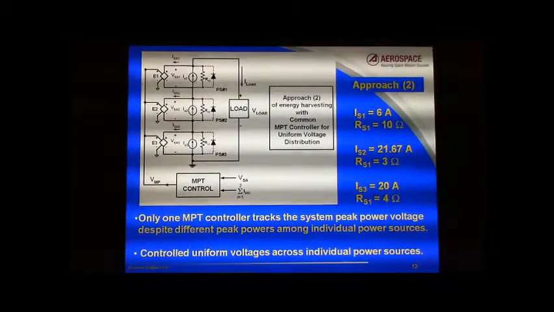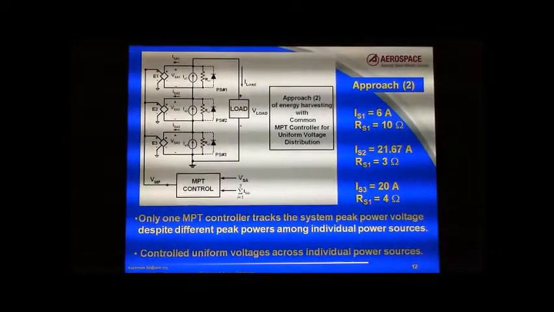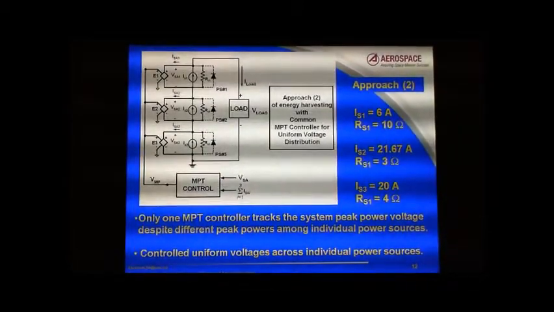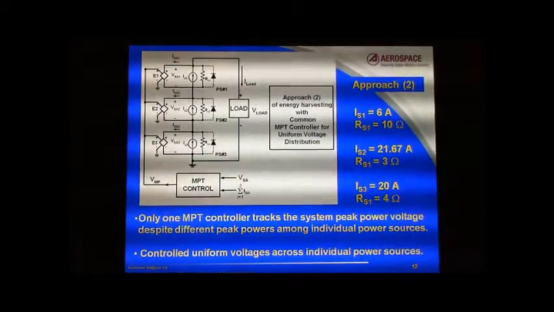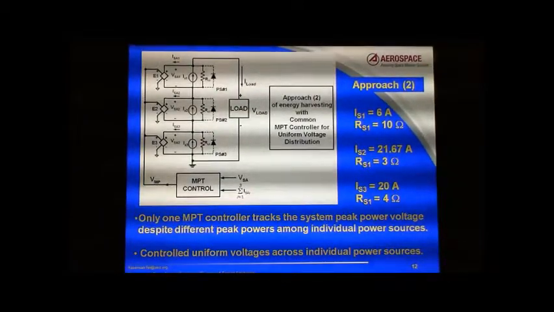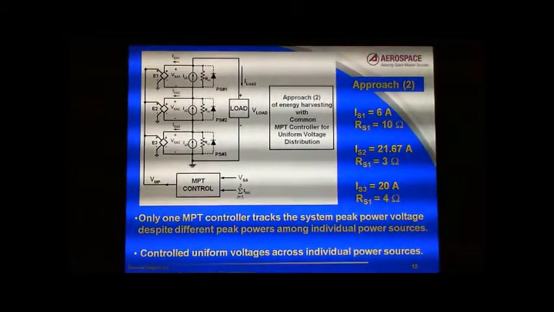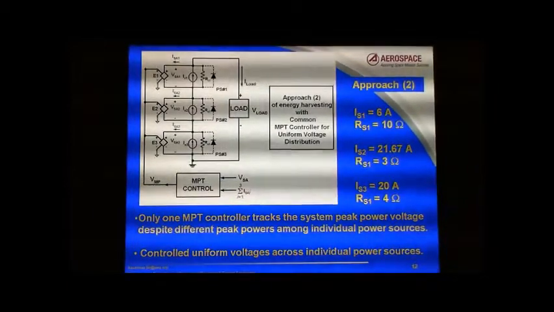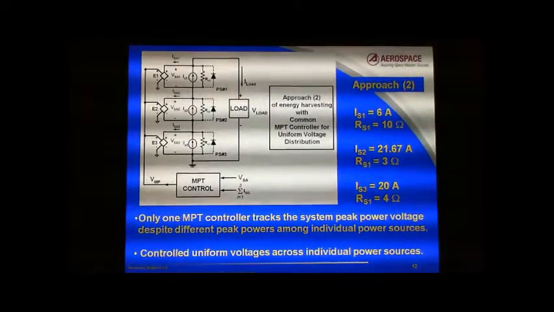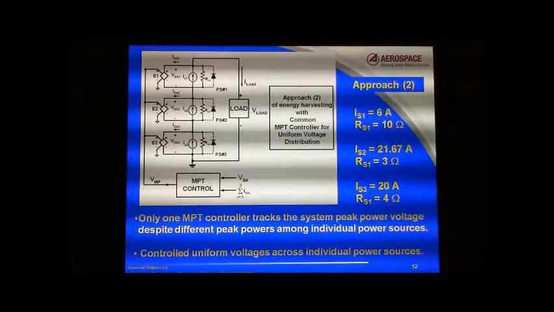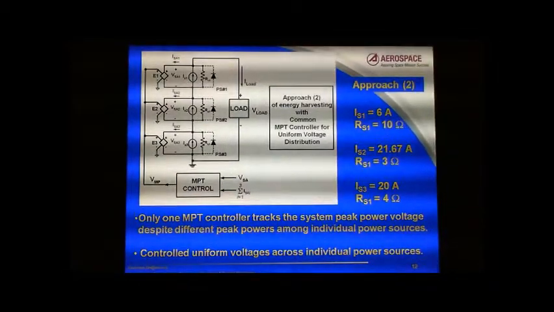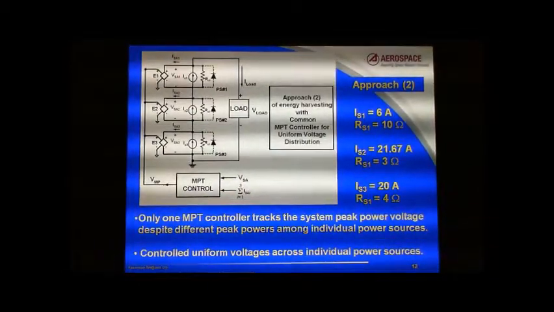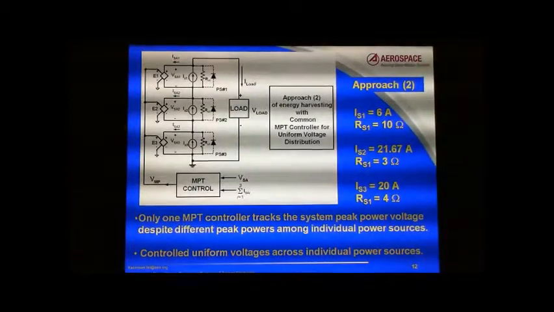Next, our main focus is approach number 2, which is drawing the same voltage across each power source while these power sources are serially connected to supply the load.